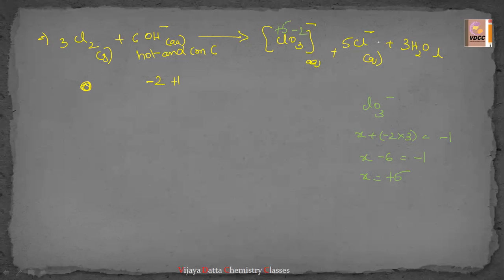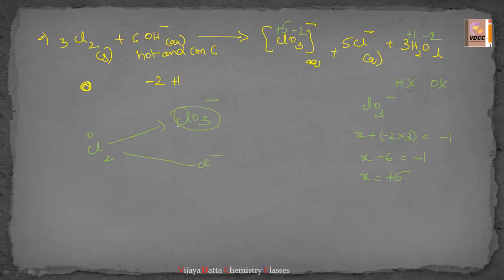Here chlorine is minus 1, as they have given. In H2O, hydrogen is plus 1, oxygen is minus 2, right? So there is no change in oxidation state of hydrogen and oxygen. So what is changed here? Chlorine again. Chlorine's oxidation state is 0, so it has converted to ClO3 minus, and it has converted to Cl minus.